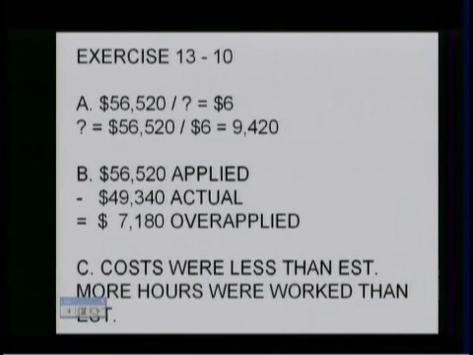There's $7,180 of too much overhead applied to the cost. That's because their costs were less than were estimated, and they worked more hours than they expected. So there's going to be a difference between their estimated overhead and their actual overhead. So those two problems are good problems dealing with overhead.